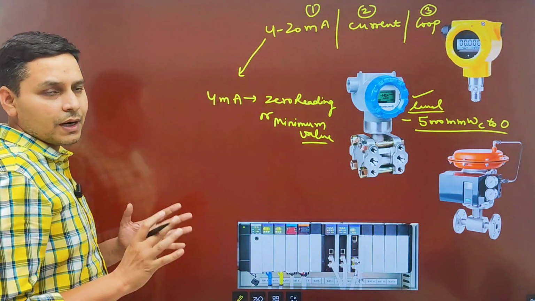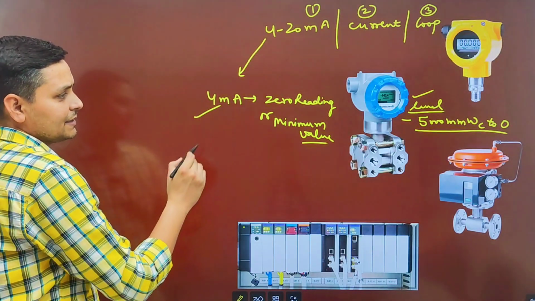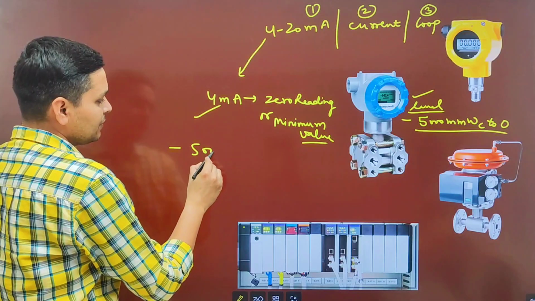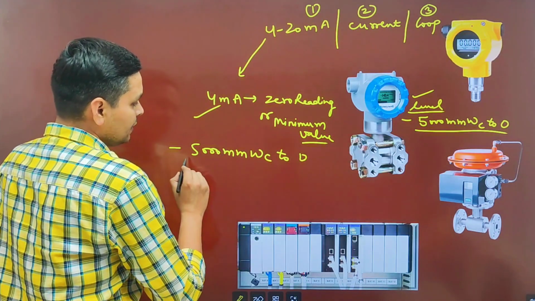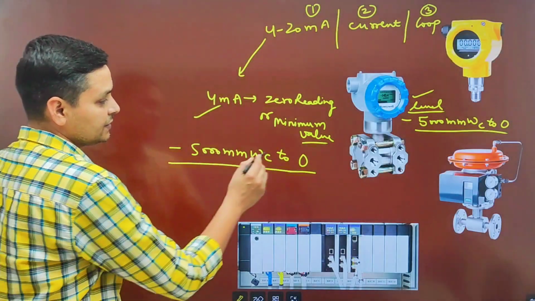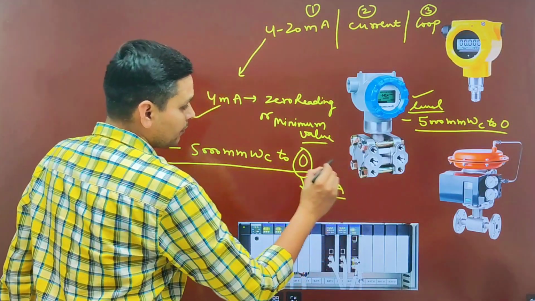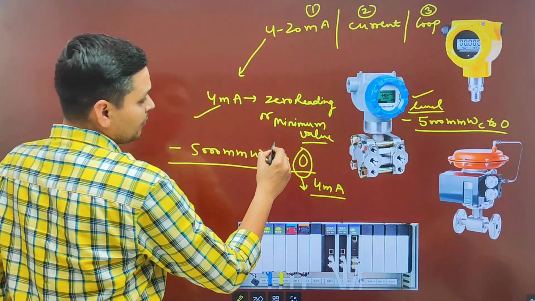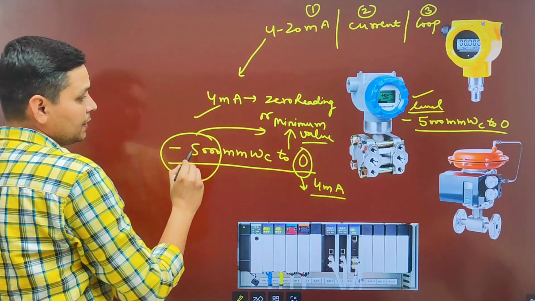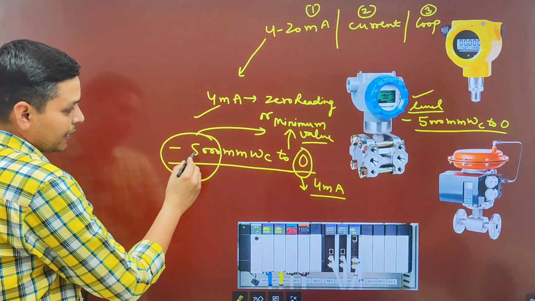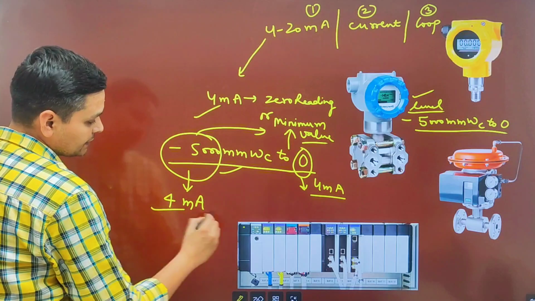Now many of our friends are confused about this 4 milliampere reading. They understand that in minus 5000 mmWc to 0 range, at 0 we will get 4 milliamperes. But this is not the minimum value. Here minimum value is this. So at minus 5000 mmWc we will get 4 milliamperes.